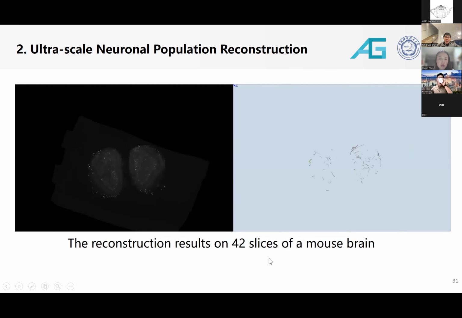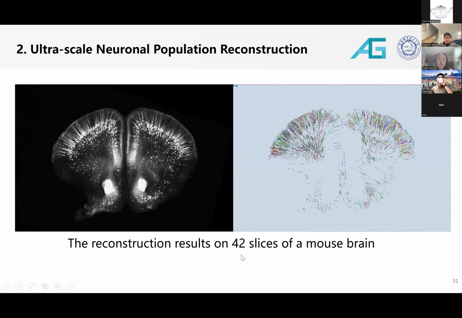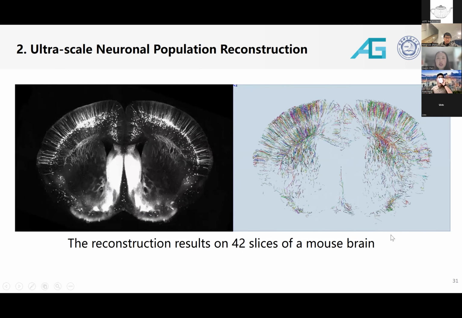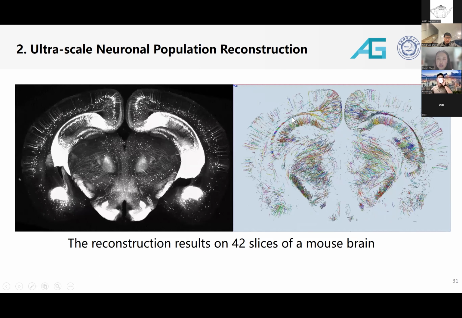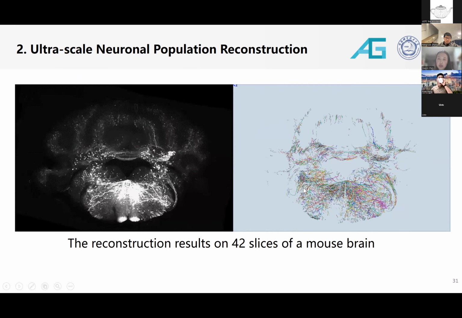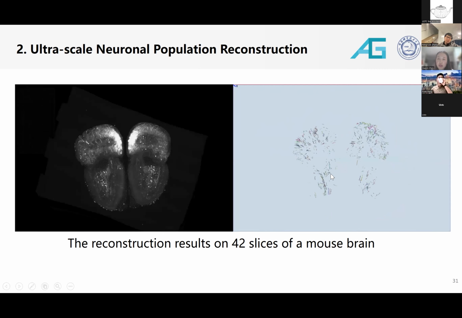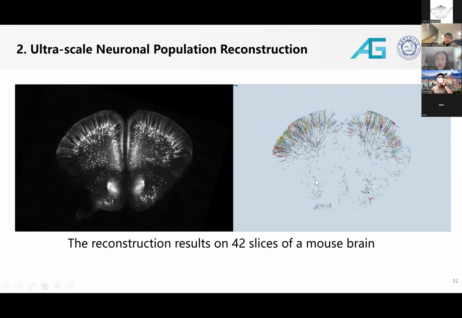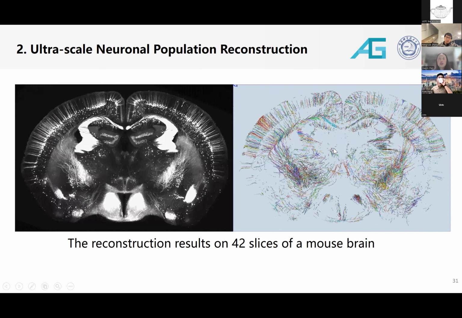Here we show the reconstruction results on 42 slices of a mouse brain, where different neurons are shown in different colors, and you can see the neurons are very different in their 3D morphology and structures.